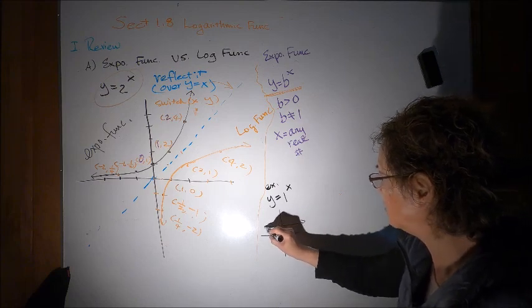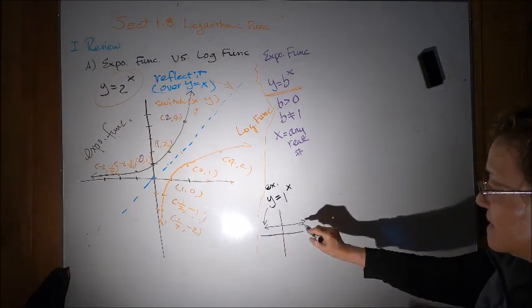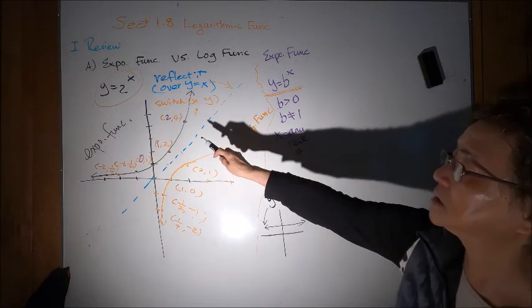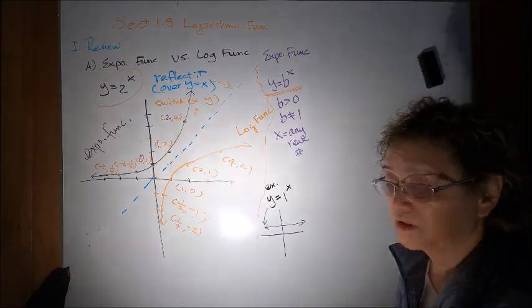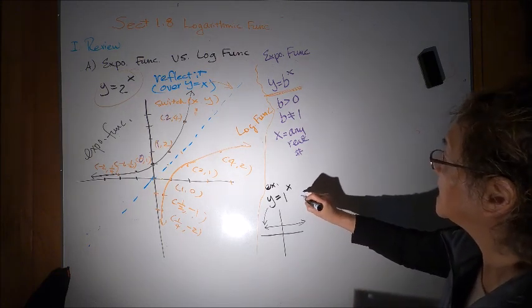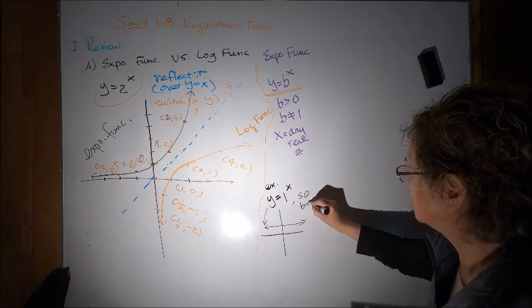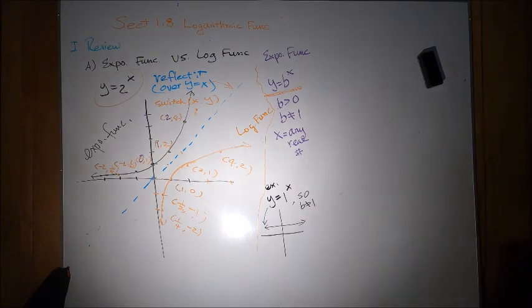So f of x will look like this line. So it's no longer an exponential graph. That's why we say b cannot be 1.